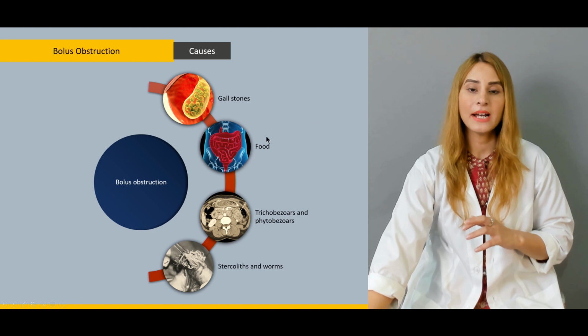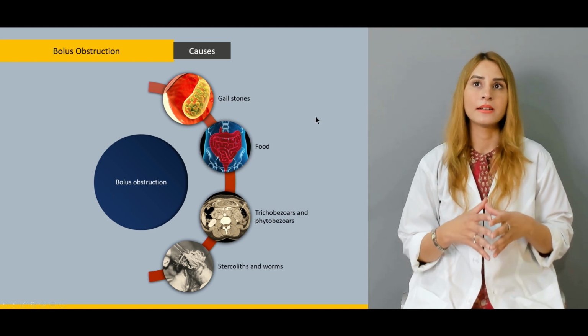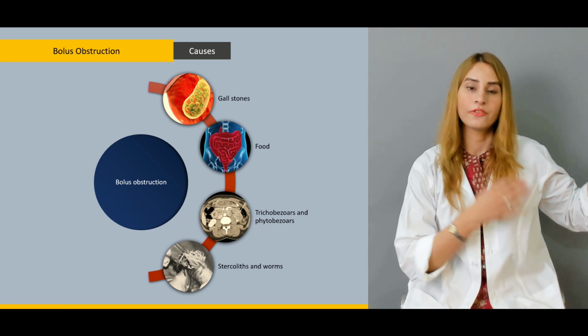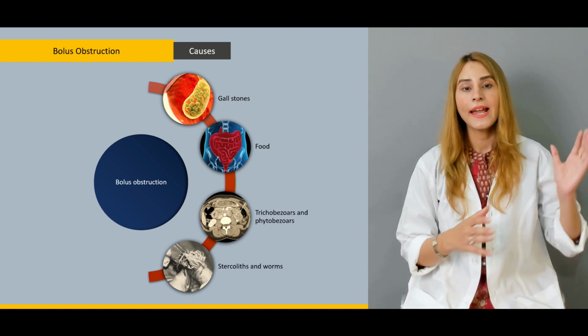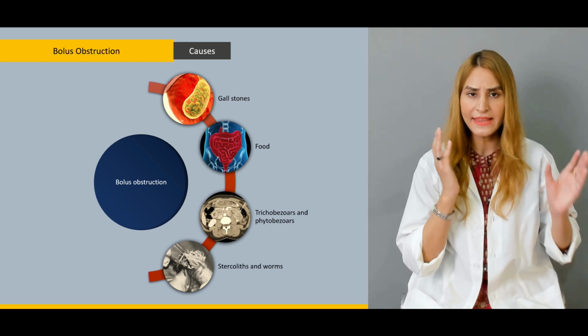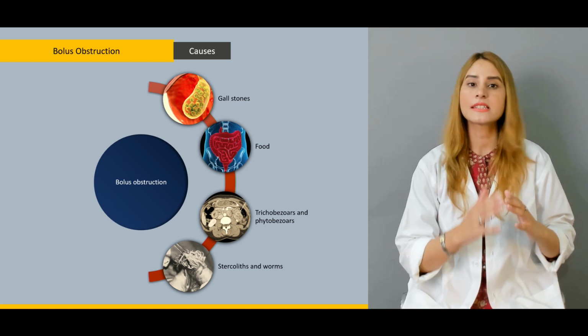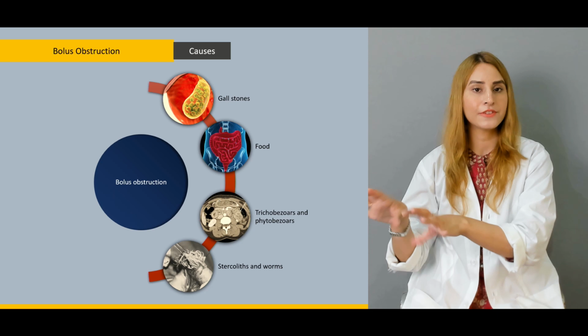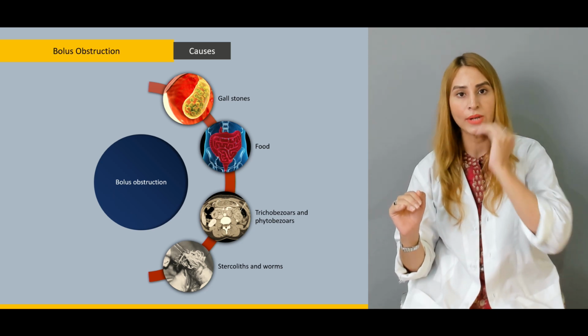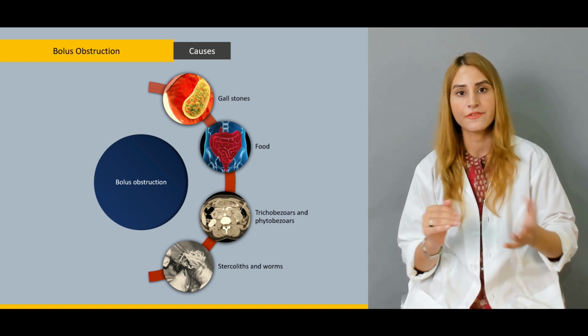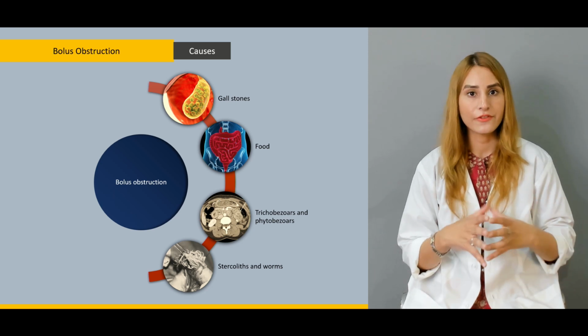First of all, we talk about the gallstones. You know that gallstones are formed in the gallbladder, and we know that there's a cystic duct which is coming from the gallbladder. The gallbladder is located at the posterior inferior surface of the liver.